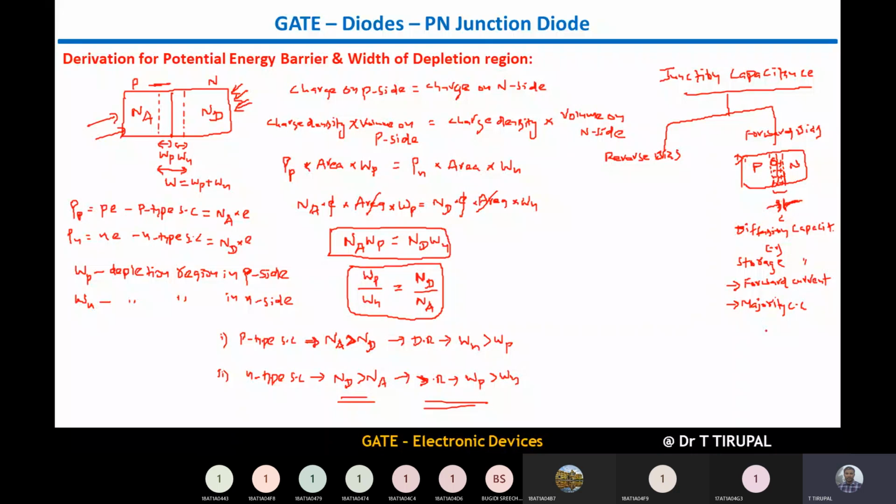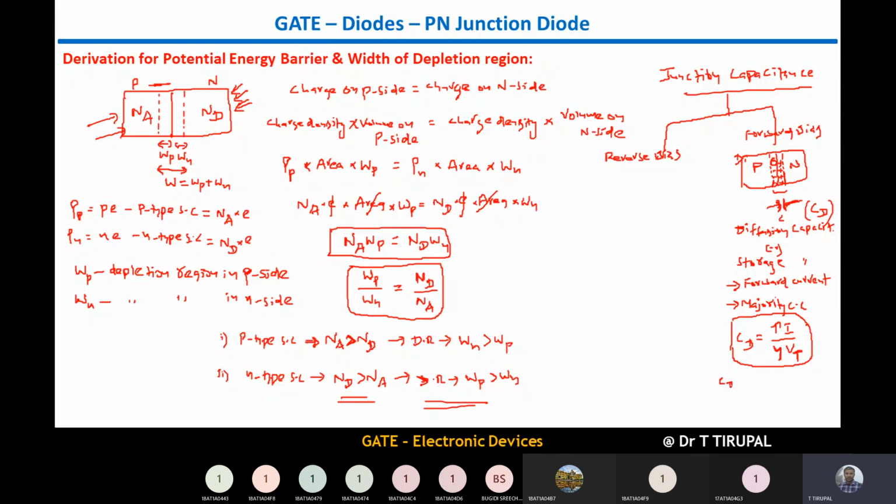Here I am directly writing the formula for diffusion capacitance. CD is equal to tau I divided by eta Vt, where tau is the time period, I is the forward current, eta is a constant, 1 for germanium and 2 for silicon, and Vt is the volt equivalent of temperature.